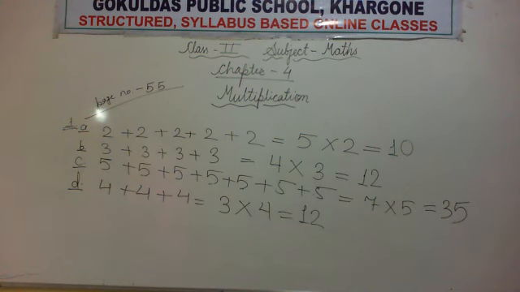So 5 into 2 is equal to 10, 4 into 3 is equal to 12, 7 into 5 is equal to 35, and 3 into 4 is equal to 12.